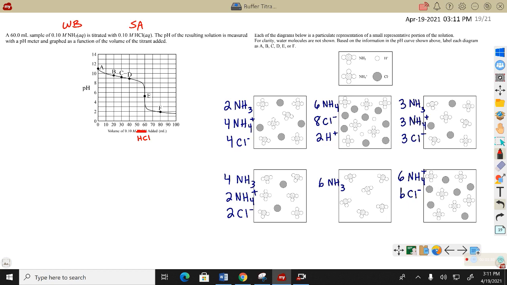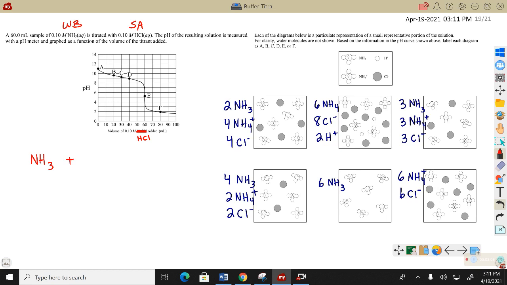Let's get a balanced equation, because I want to think of this as an ICE table as I add the acid to the base. So I'm going to have my NH3, my weak base, and as I add HCl, the chlorine is really a spectator. It's not going to affect the pH at all, but the hydrogen ion will.